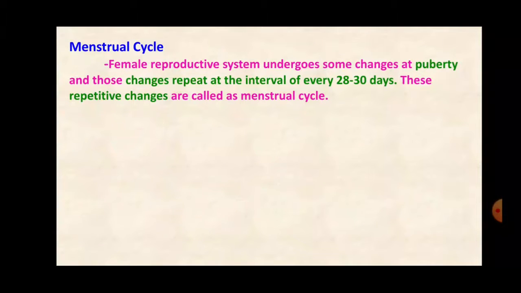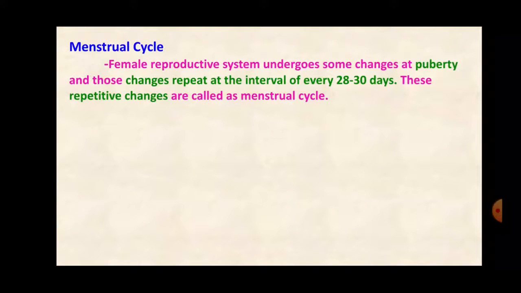I told you previously that implantation of the embryo takes place in the uterus and further development takes place there, so the uterus has to be prepared. So this cycle has to take place.